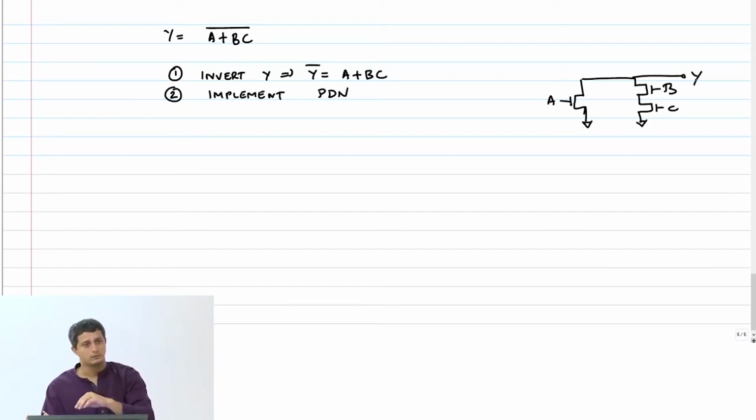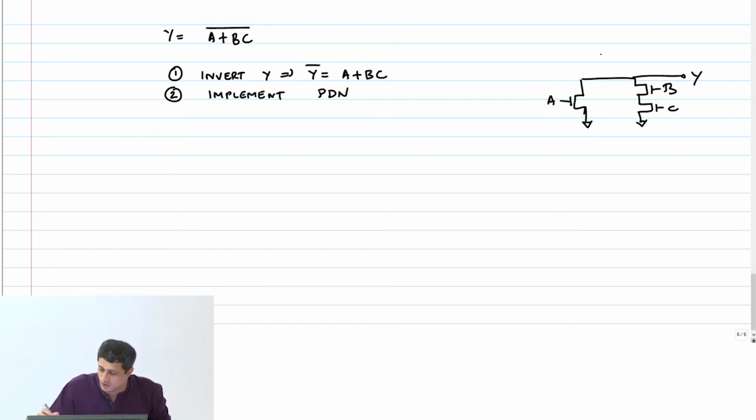Now, to get the pull-up network, just construct the dual of this network. Make every series parallel, every parallel series. Right? So I have B and C in series. I need to make that in parallel and then make it in series with A. Okay?